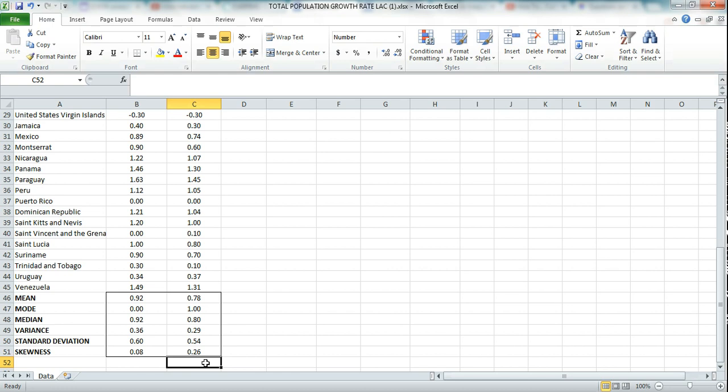Now, how do you interpret skewness? If your skewness value is 0, it means that there is no skew in the distribution, and this distribution is perfectly normal. It is a perfectly normal distribution, total symmetry.